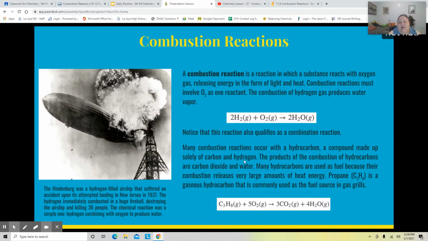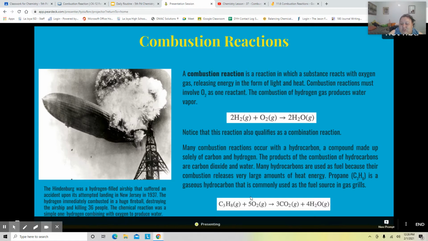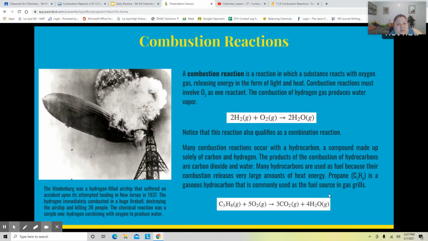It's going to look just like what you see down here. The second half is not going to change. The only thing that changes in combustion reactions is your hydrocarbon. Oxygen will always be a reactant, and carbon dioxide and water will always be your products. So they're really easy to spot.